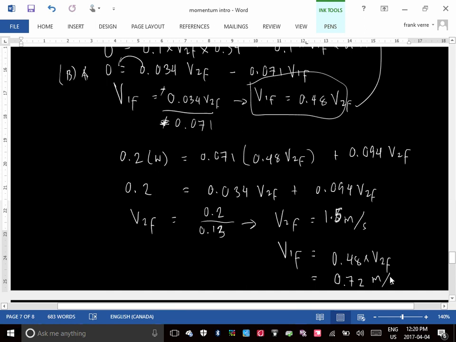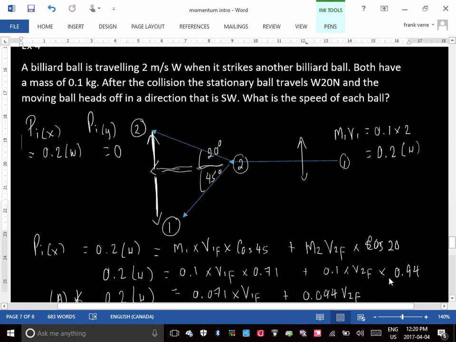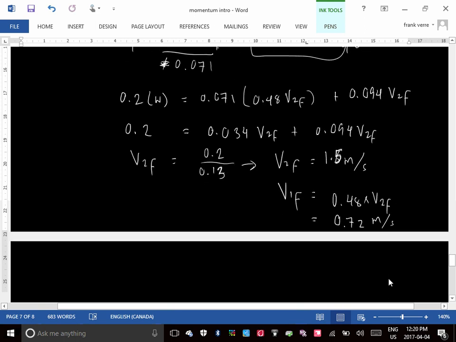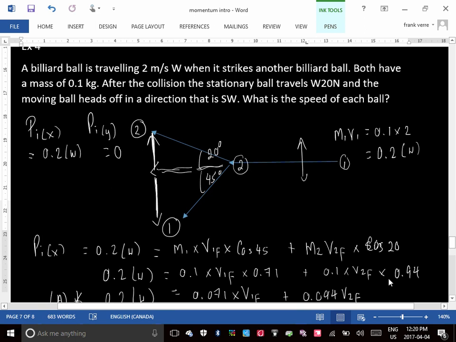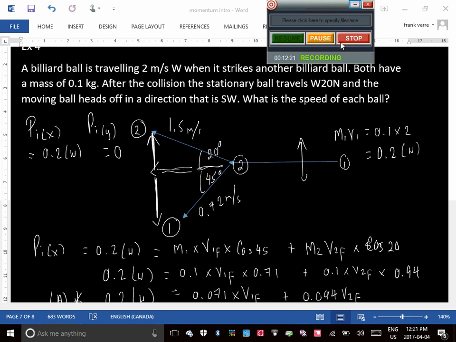So this is saying that ball 2 is heading off at a speed of 1.5 meters per second, and ball 1 is heading off in a different direction at a speed of 0.72. All right. I'm going to stop it there.